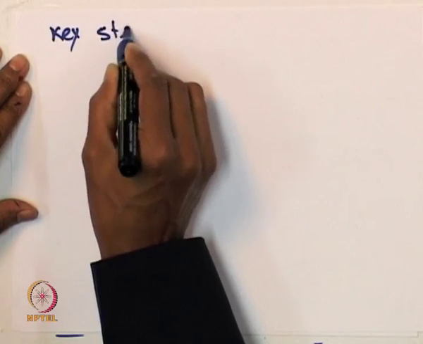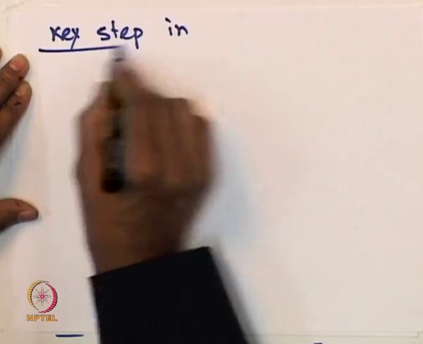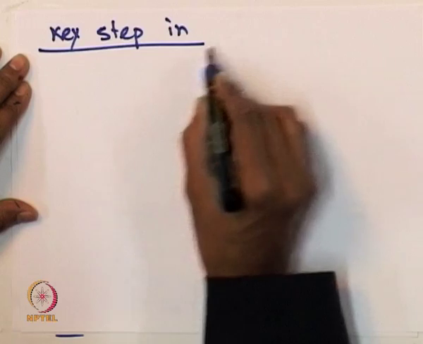Now, let us try to look at one of the most critical or most common reactions of these, and actually we will be discussing quite a lot on these beta migratory insertion or elimination reactions. Slowly let us look at one example at a time. So, the key step in a number of reactions, these beta migratory insertions are involved.